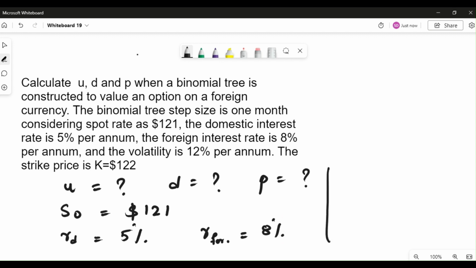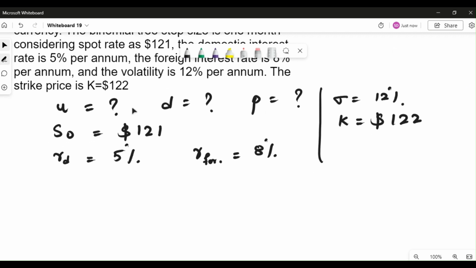Volatility, which means standard deviation, is given as 12% per annum, and K is given as $121.